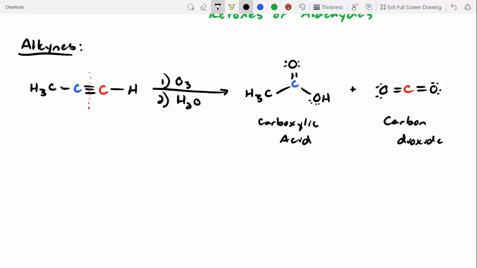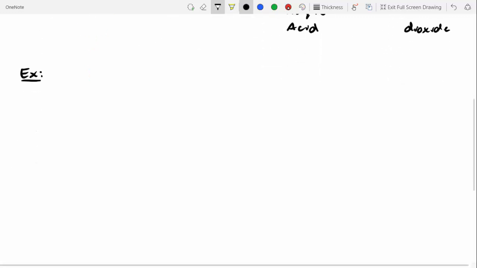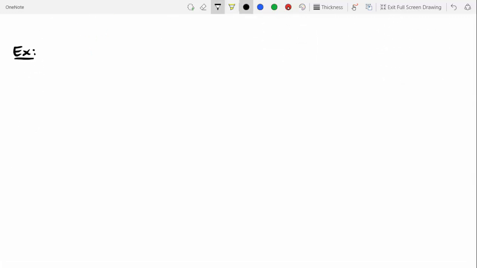So if you had an internal alkyne, would you just have 2 carboxylic acids? Yes, exactly. So you're segueing into my next question. I'm going to show you guys a fun-looking molecule. A lot of people said you couldn't make this.